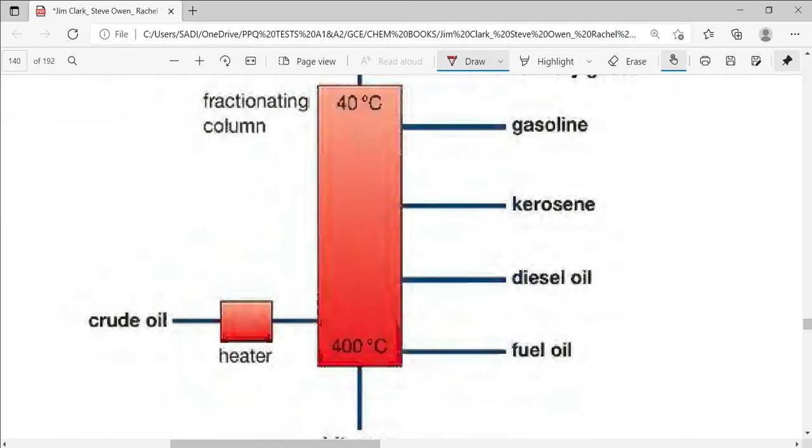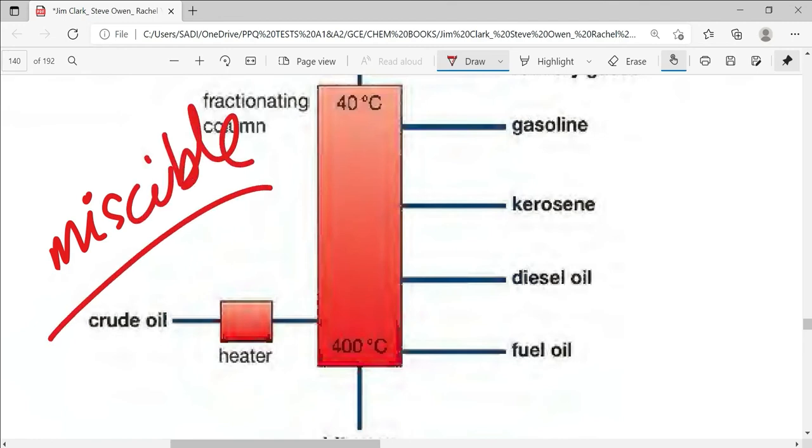Number two, if you have two or many miscible substances mixed together, by miscible we mean substances which have a little difference in their density, which can be completely mixed up.